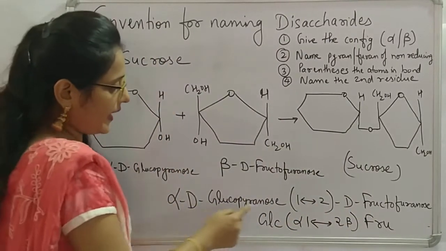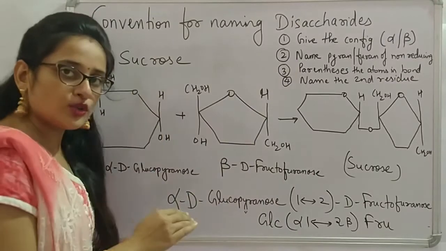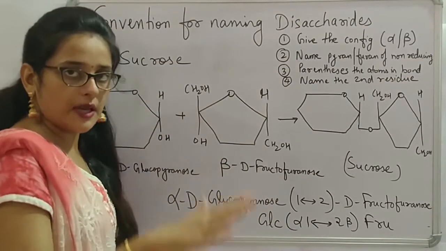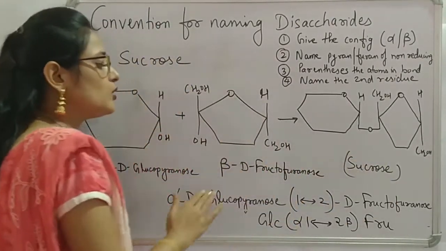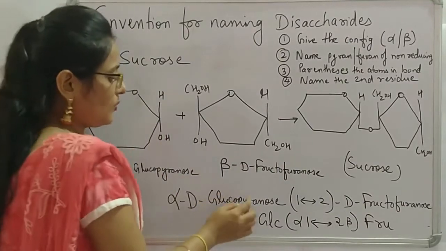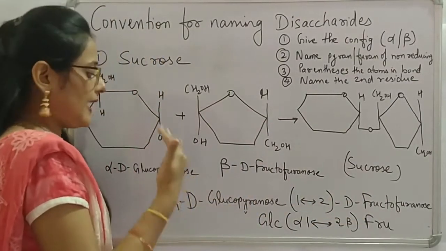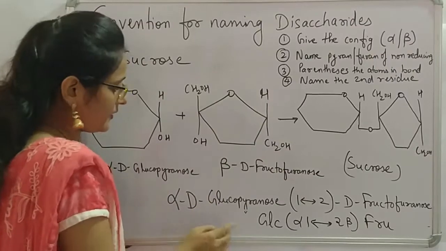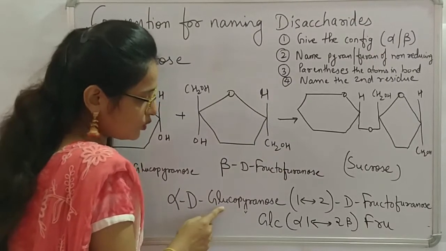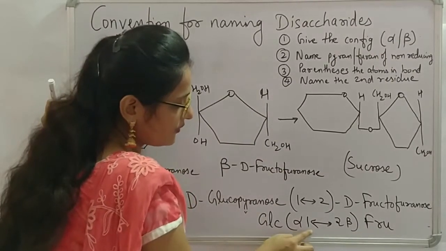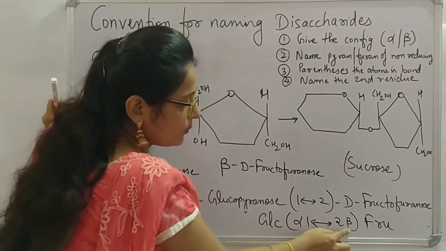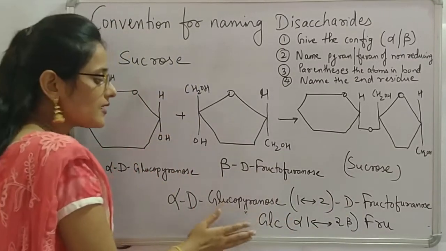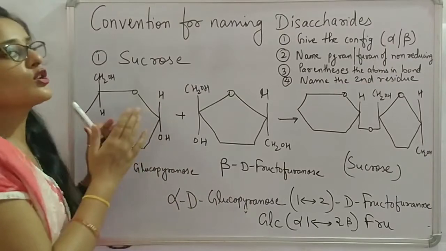We can ignore D and pyran and furan because fructose is mostly stable in furan form and glucose is stable in pyran form. So pyran and furan can be ignored as well as D. So we can write GLC for glucose in brackets alpha 1 double-headed arrow 2 beta fructose. So this is the nomenclature of sucrose.